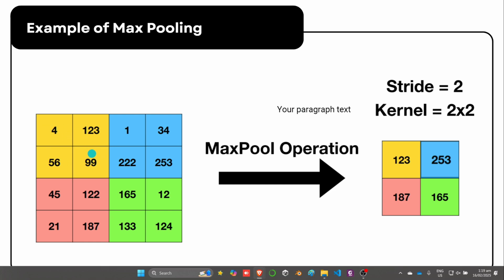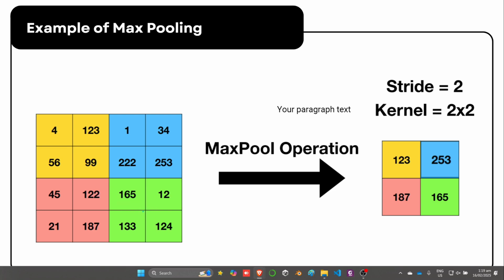The second instance covers the blue portion, the third is the red, and the other one, the green, is the fourth.